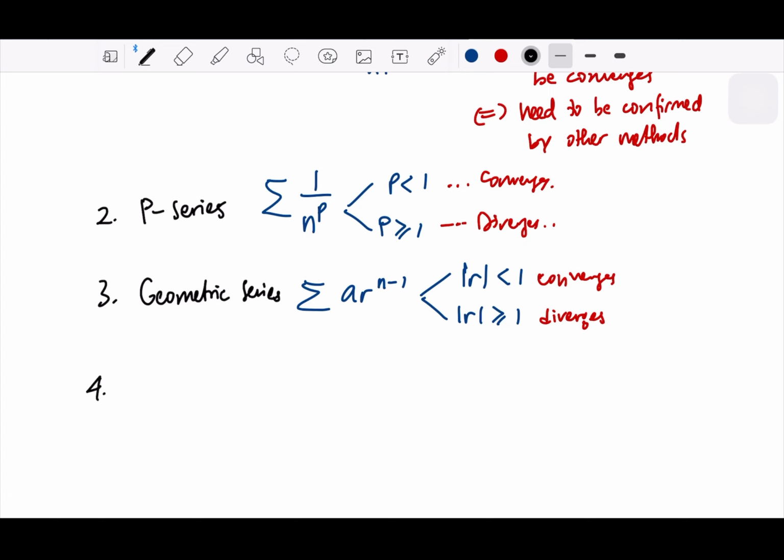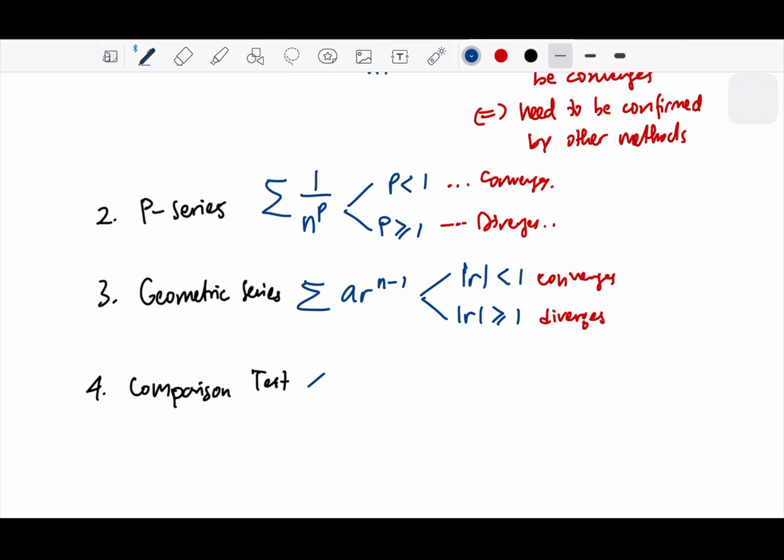Fourth is probably the comparison test. If the divergence test gives no conclusion, and it's not a p-series or a geometric series, then you can try the comparison test. I believe the comparison test is also practical and not too complicated to check.